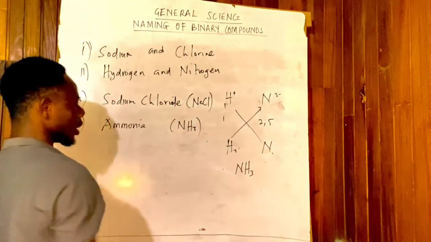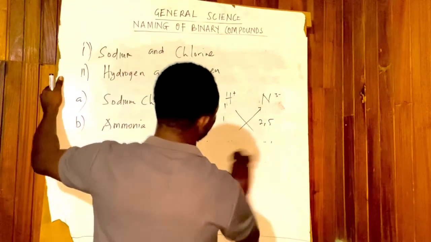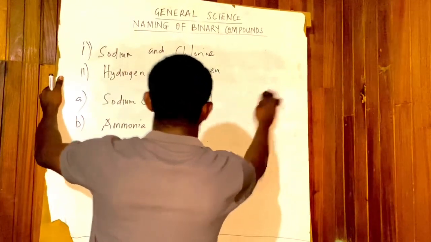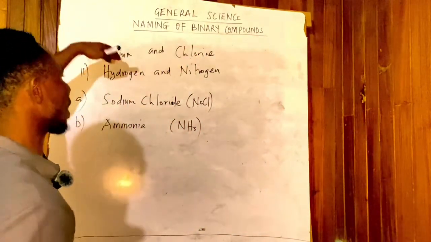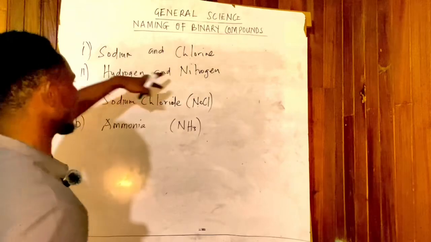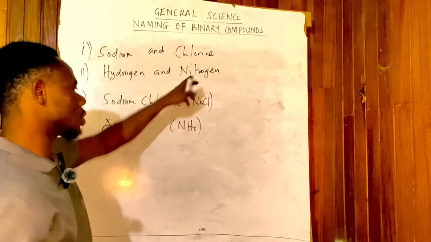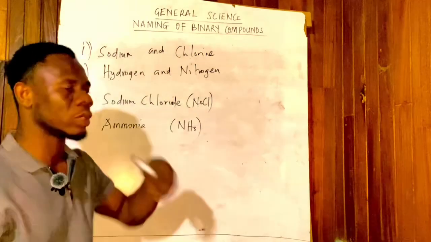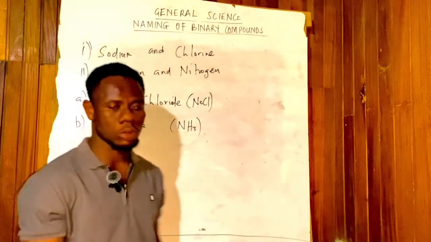So these are the names of these compounds, one formed between sodium and chlorine, and one formed between hydrogen and nitrogen. Normally, we will have to mention nitrogen before hydrogen.